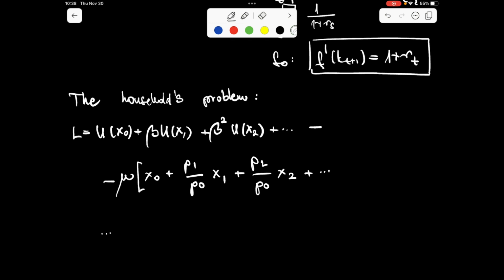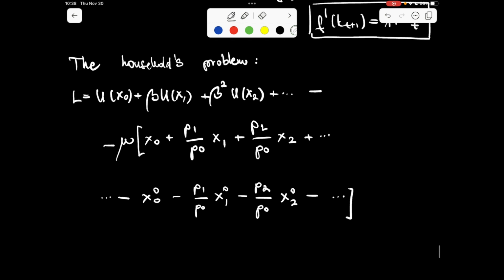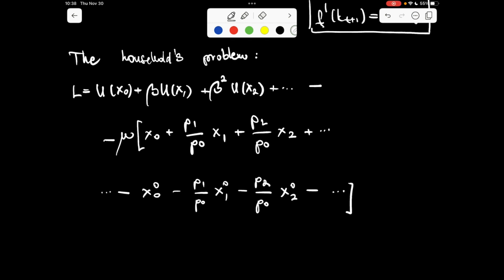So the household has a dynamic budget constraint, with a single multiplier. All right, I think it's correct.